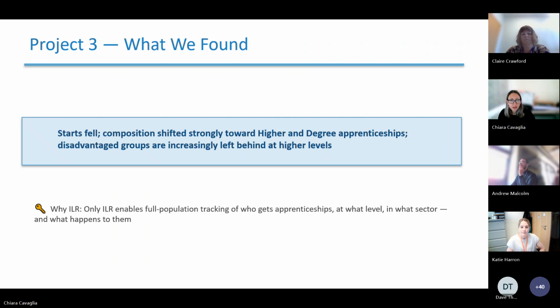And why did we need the ILR here? Well, maybe it's even more apparent than in the second project, but obviously it allows us to get the full picture of the full population who gets publicly funded training, and in very big detail.